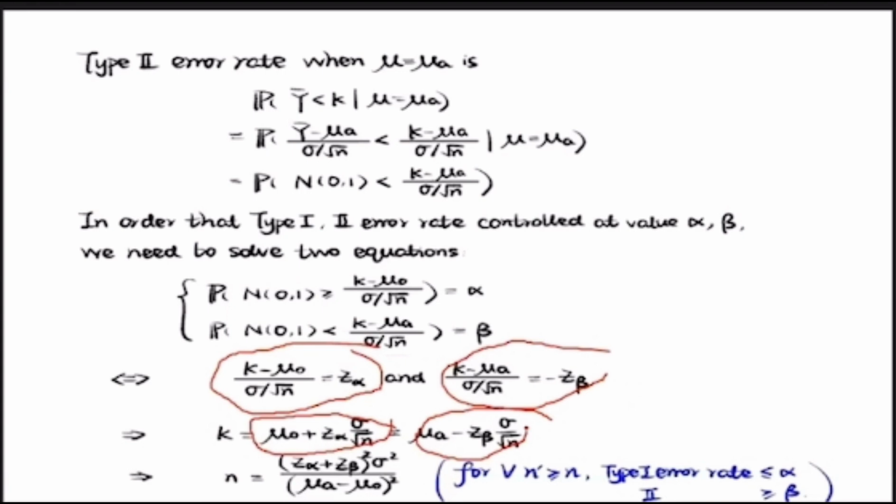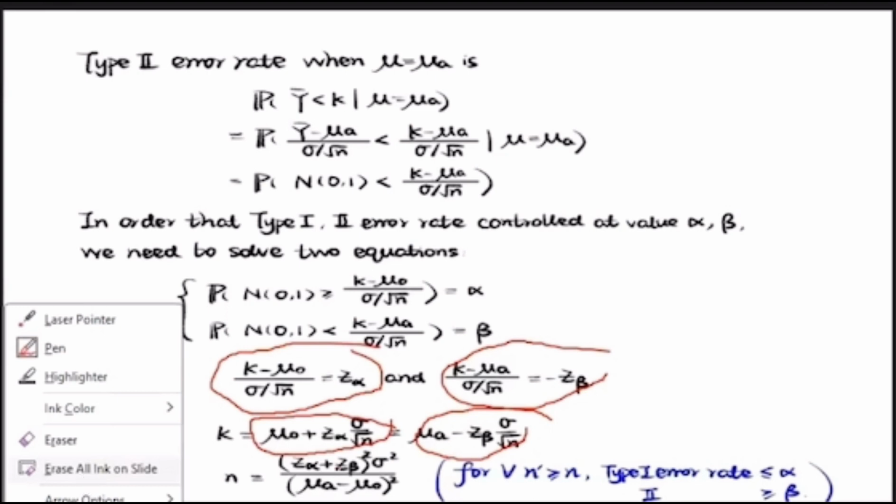When we equate them, what are we looking for? We're looking for sample size. We need to put into consideration the knowledge of algebra here, solving for n, which is the sample size. Solving for n, I'm actually going to get this formula here.